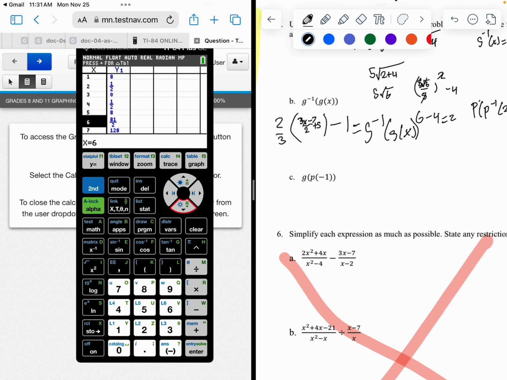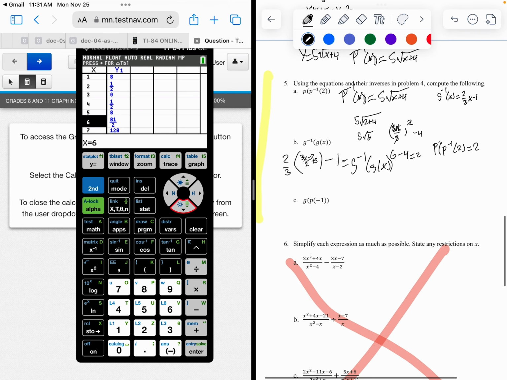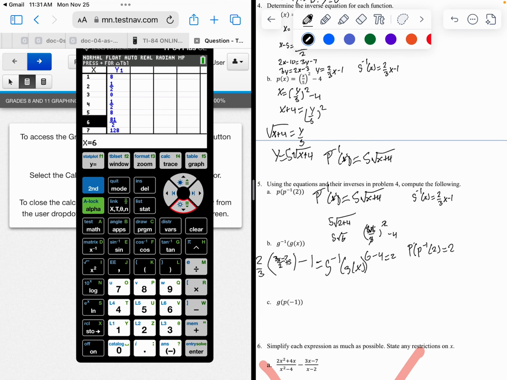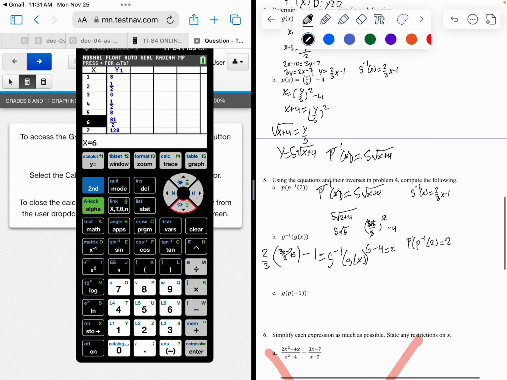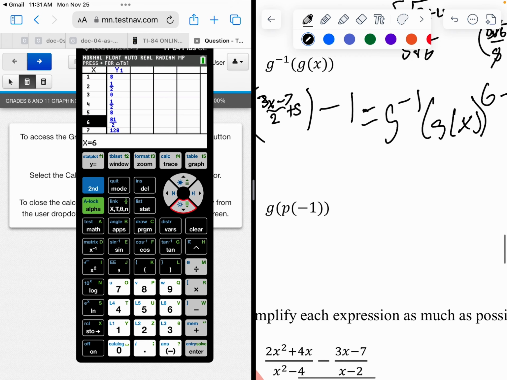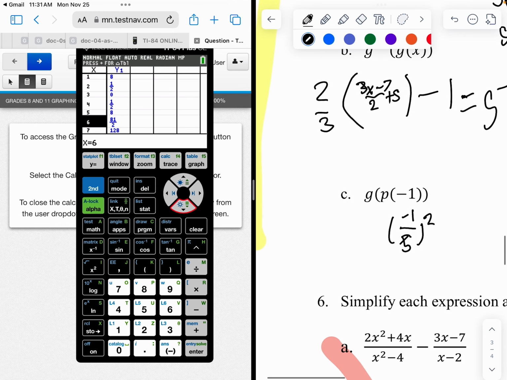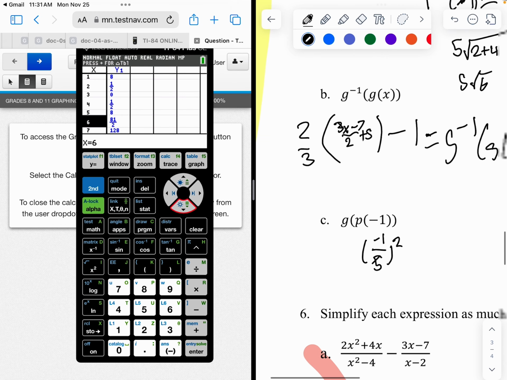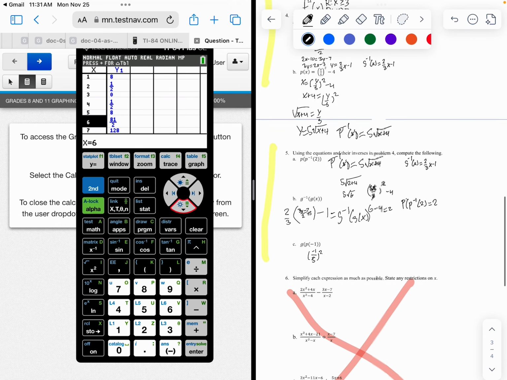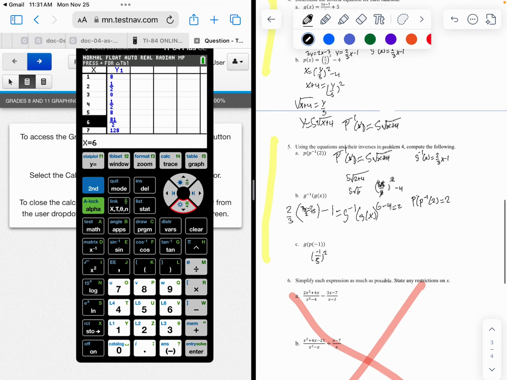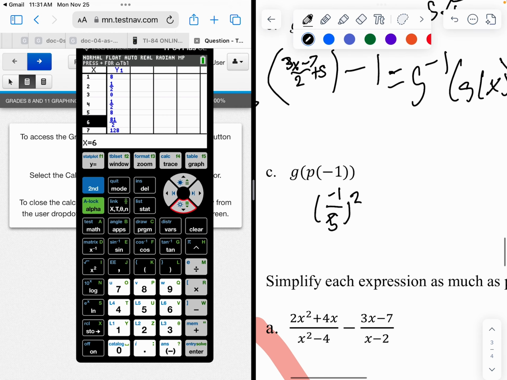Now we're doing G of P of negative 1. P is x divided by 5 squared minus 4. So we do negative 1 divided by 5, squared, minus 4.